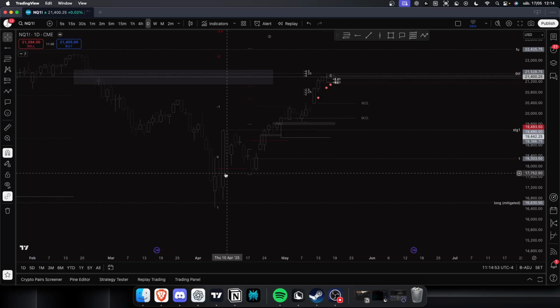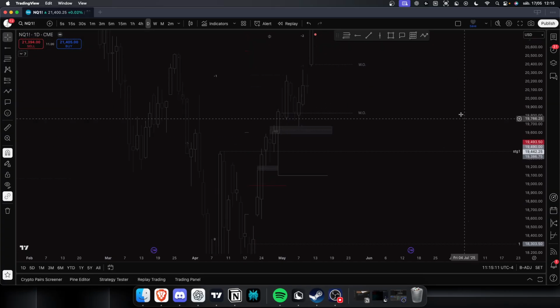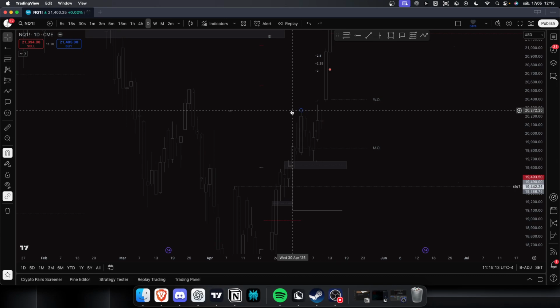Now, this is pretty easy. So after this, you get the move up. This is a stage 1 OB. Get the move up. And then from -1, I called a level that was more or less aligned with -1. From there, I told price to reverse more or less around here. This is how I caught this move lower.